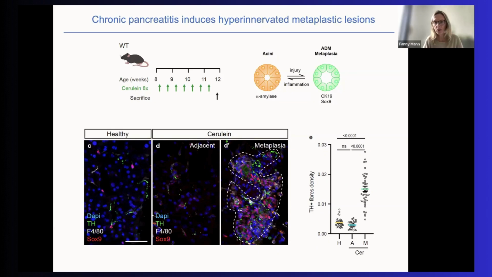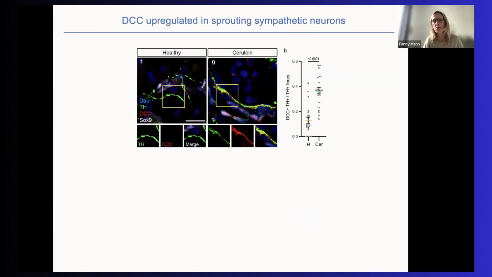So we use this model to investigate the expression of receptors for axon guidance molecules on the sprouting sympathetic axons. And one receptor for axon guidance molecules shows a very interesting profile of expression. This receptor is called DCC. It stands for deleted in colorectal cancer.